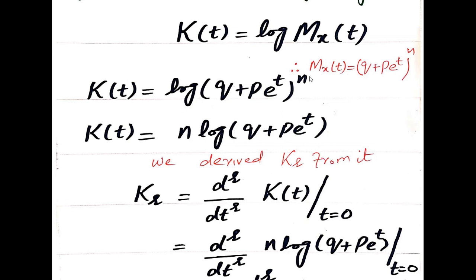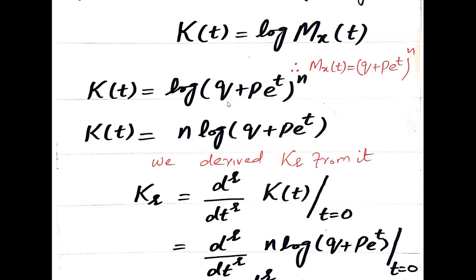As you know, the power rule of logarithm says that for any positive number m, log of m to the power n is equal to n times log of m.